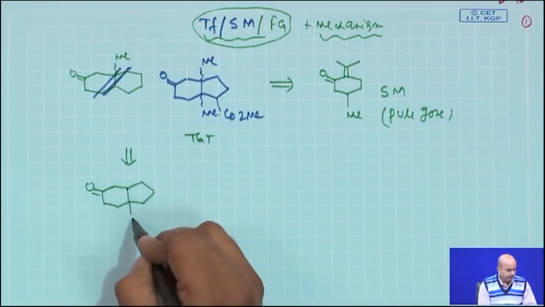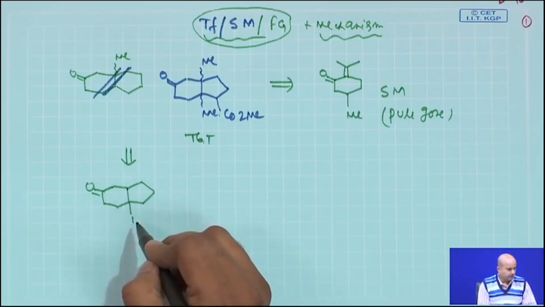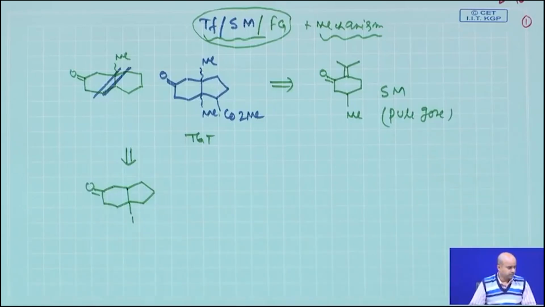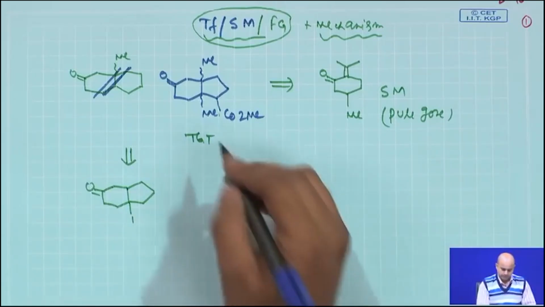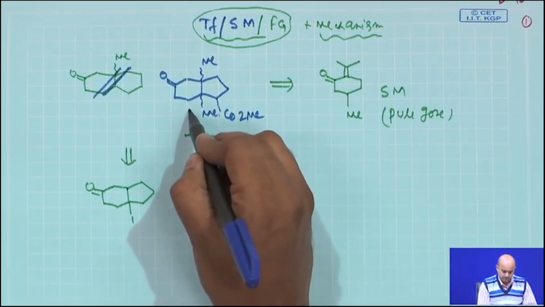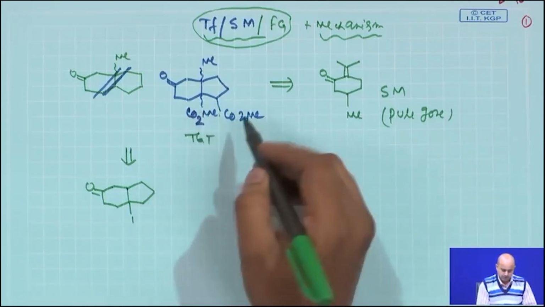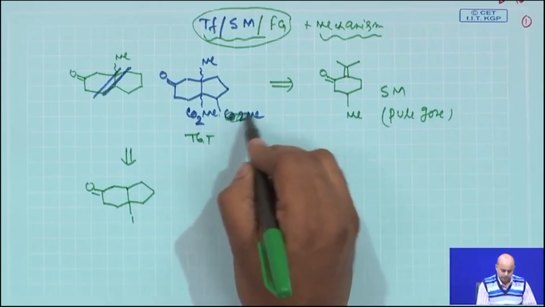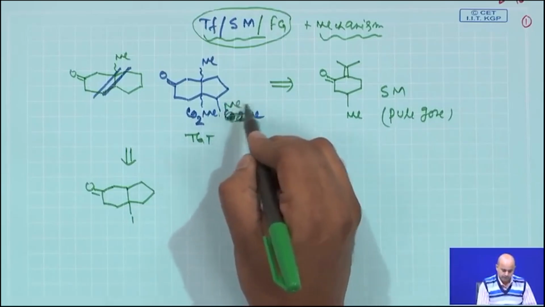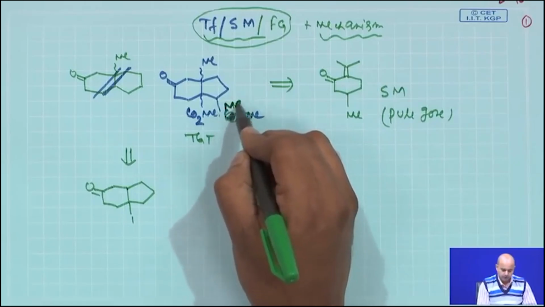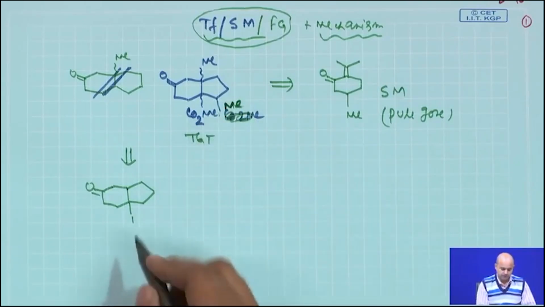Sorry for drawing the wrong structure; the methoxy will be here and this will be the methyl. So, this is the target structure.